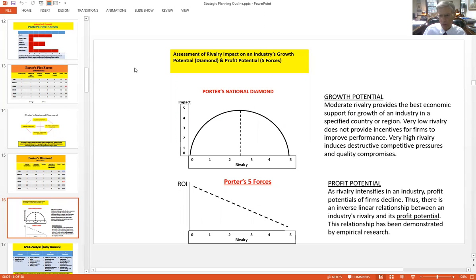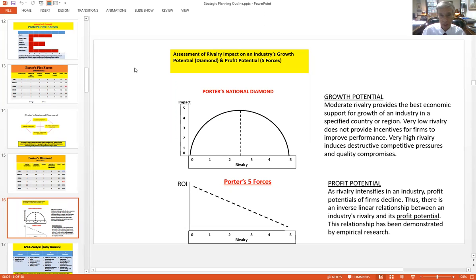On the other hand, we have the role of rivalry in Porter's National Diamond. Here we have a different story. When there's no rivalry, we essentially have a monopoly. And monopolists aren't under a lot of pressure to improve their product or service or raise their game.